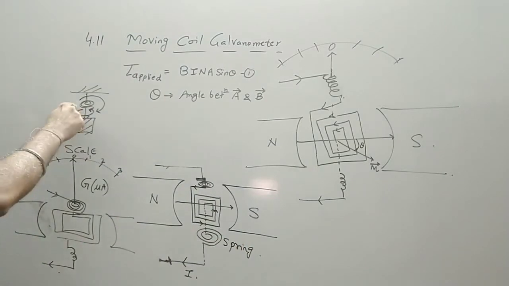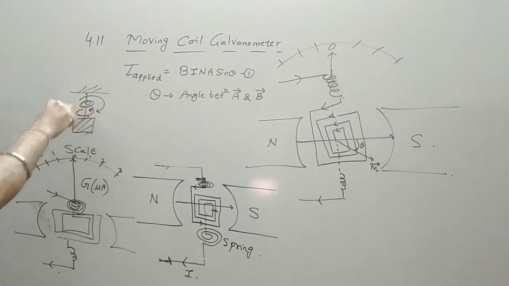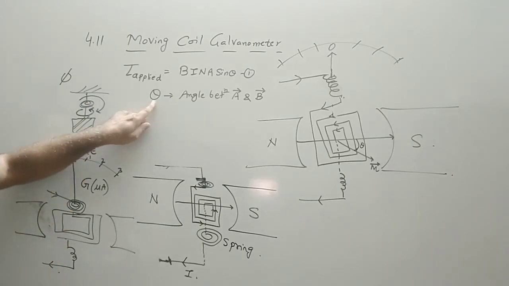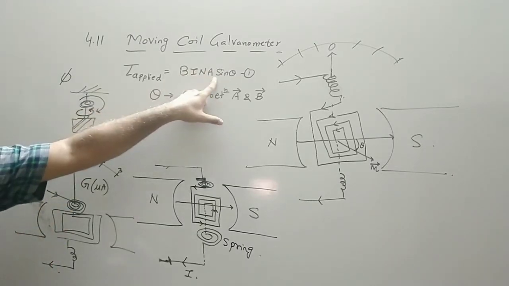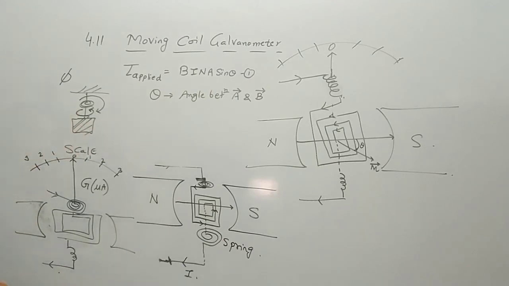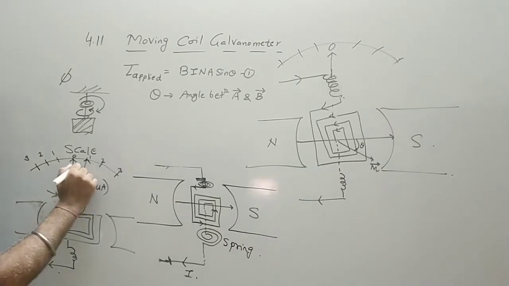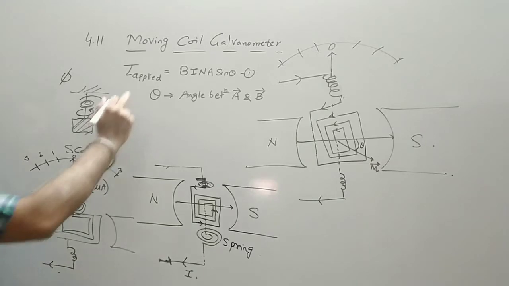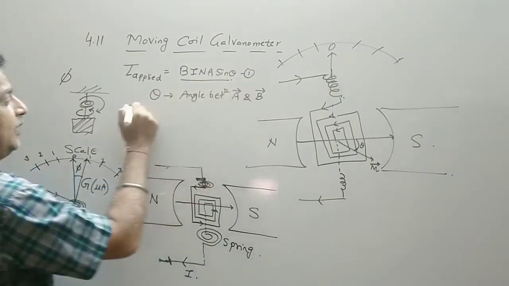So this coil has been rotating. We will denote that deflection by phi. This is also an angle, a different angle. This theta is the angle between the B vector and the A vector. Now suppose the pointer comes to this point. This deflection is your phi. Now the applied torque is BINA sin theta.